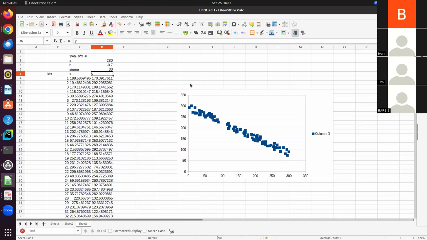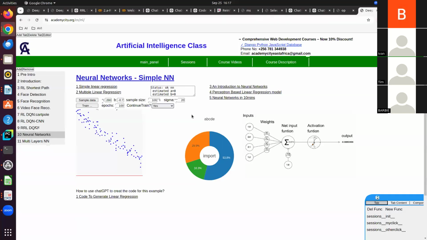If I put 30, by the way, on this program we just use Python and JavaScript here. I'm using the sigma here of 20, and it will make those dots not exactly on a straight line. Fair enough? If I put a small number, like 0.1, you will see it will be very close to a straight line as well.